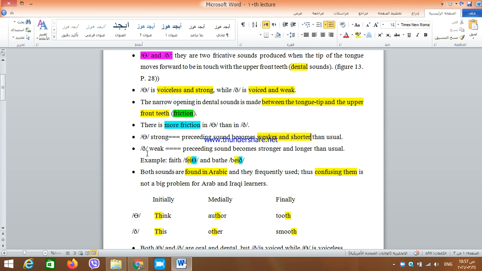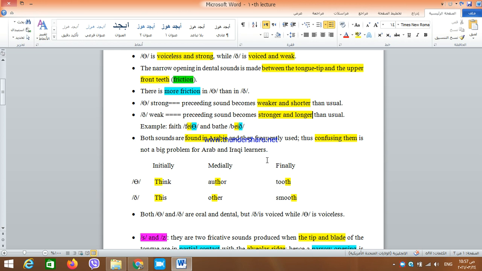The, which is a voiced weak sound, causes the preceding sound to be stronger and longer than usual. Let's take an example. Here we have faith and bathe. With th at the end of the word in final position, the preceding vowel will be shorter and weaker.